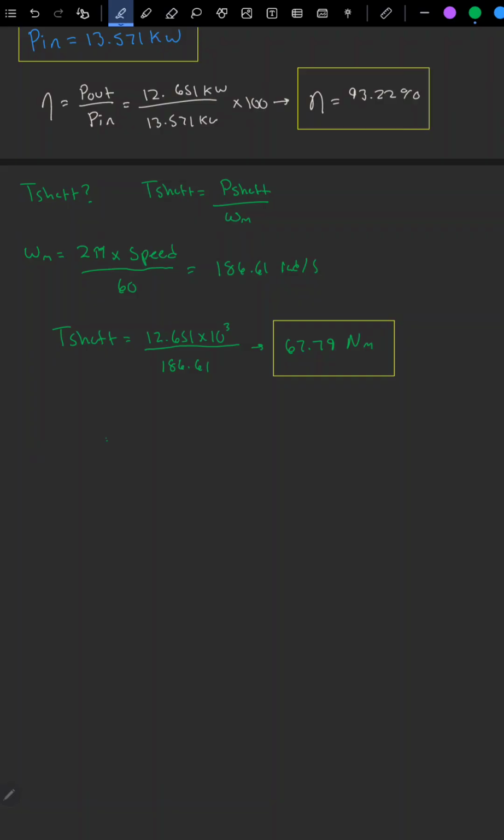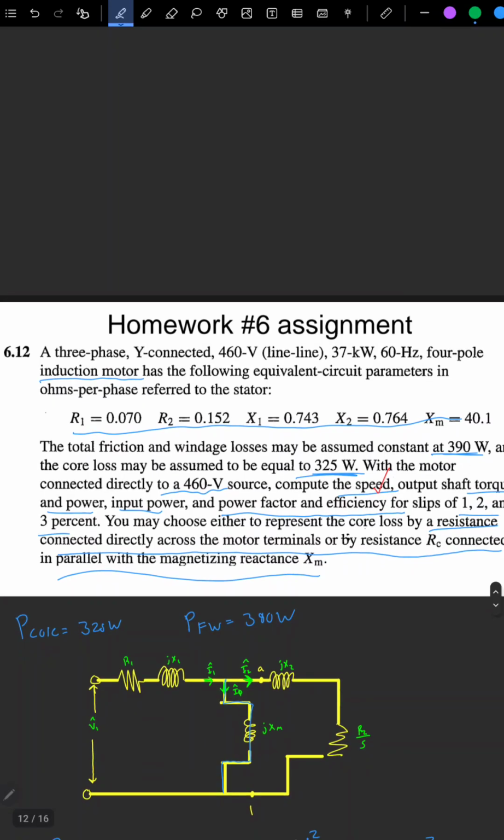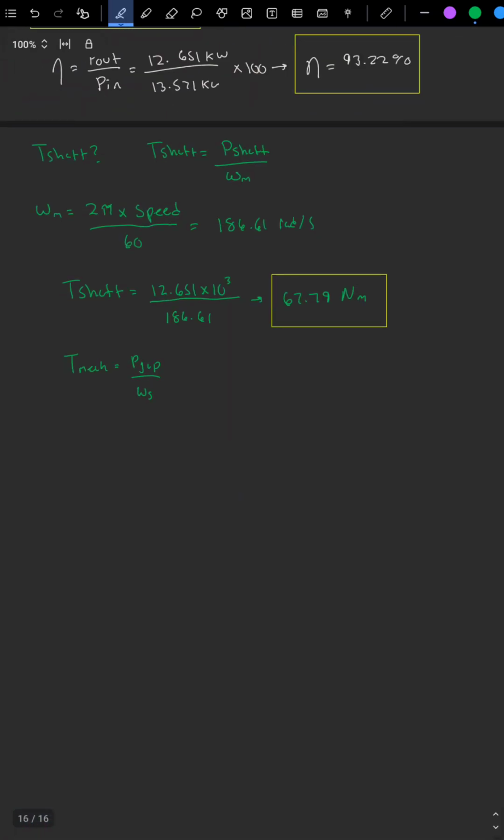So another formula is T mech equals P gap over omega s, but I don't believe it's asking for that. It's just output shaft torque and power, which is output shaft and output power. Yeah, so that's it. It's only asking for this one right here. This is just an extra formula in case he asks, but I don't see it really used.